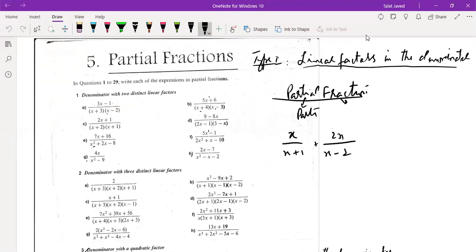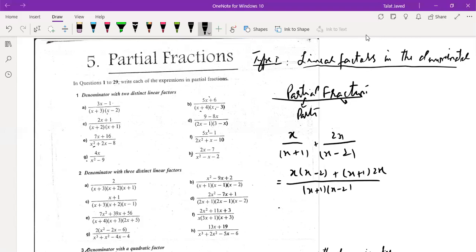How would you find the solution of these two fractions? You have to take the LCM of these two fractions, which will be x plus 1 and x minus 2. With basic algebra, you divide the LCM by x plus 1, and the remaining term x minus 2 is multiplied by x. Then you divide the LCM by x minus 2, and the remaining term x plus 1 is multiplied by 2x.